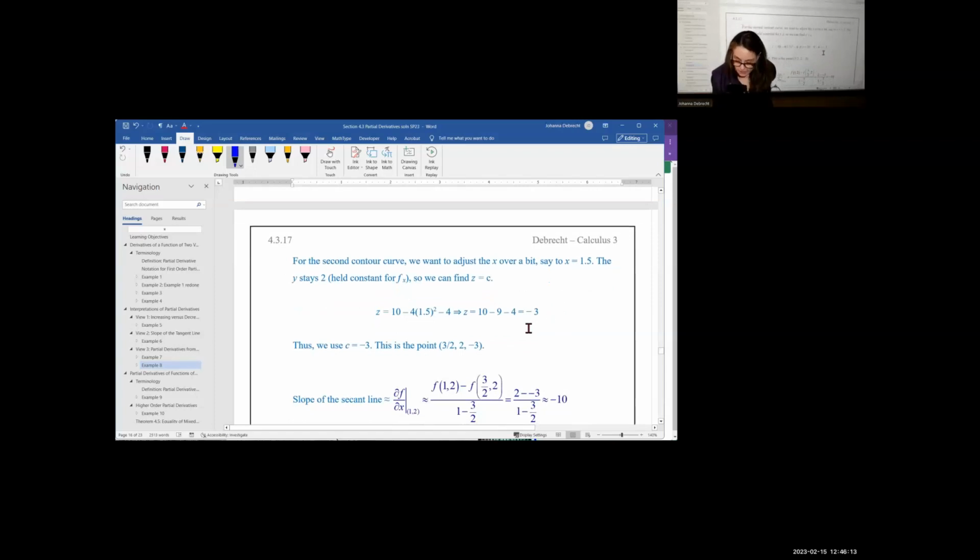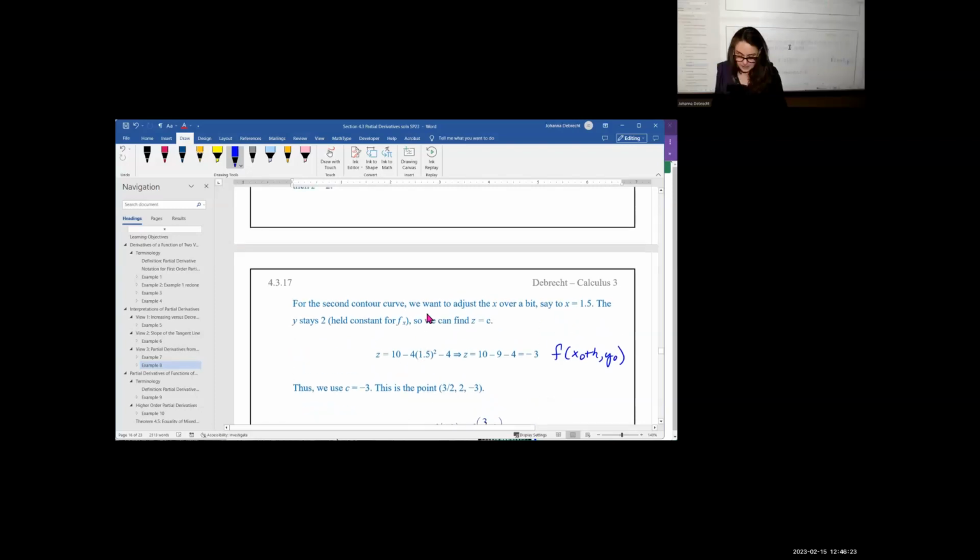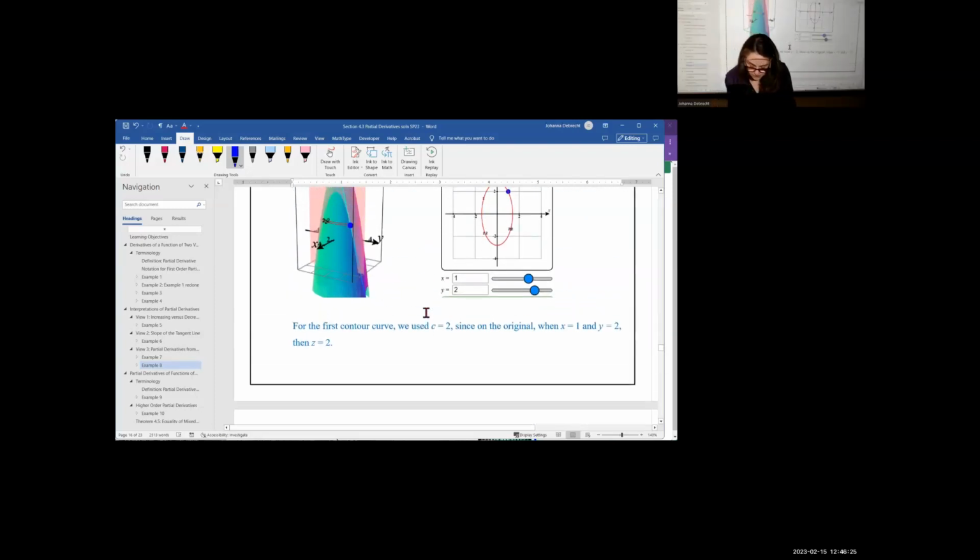So this is my f of x naught plus h, y naught. And the value that we got up here is my f of x naught, y naught. That's my target point right there.